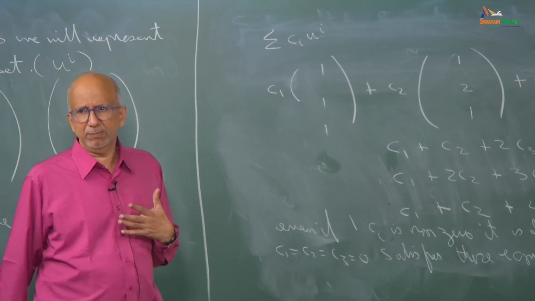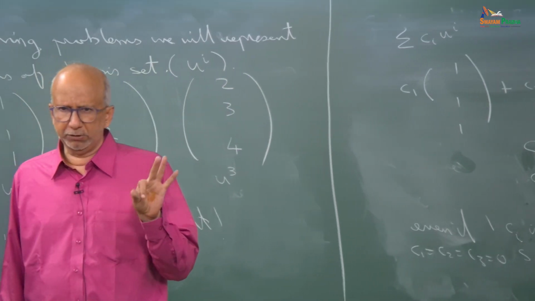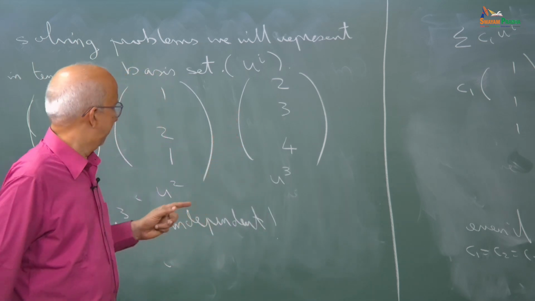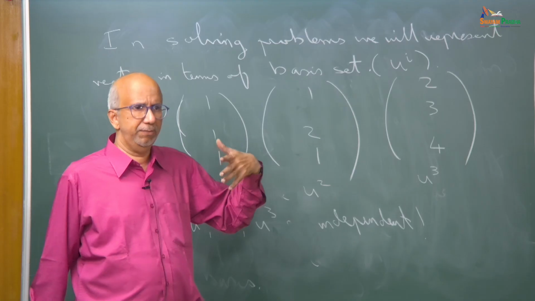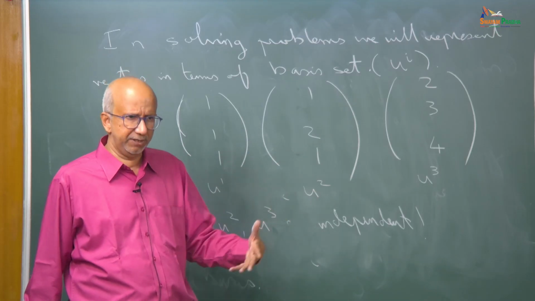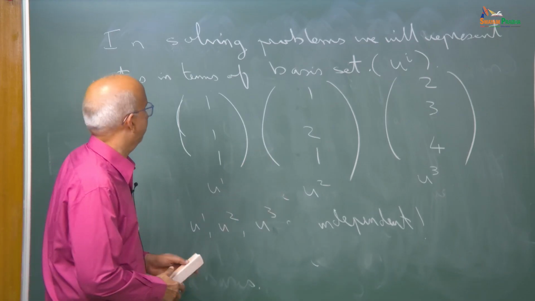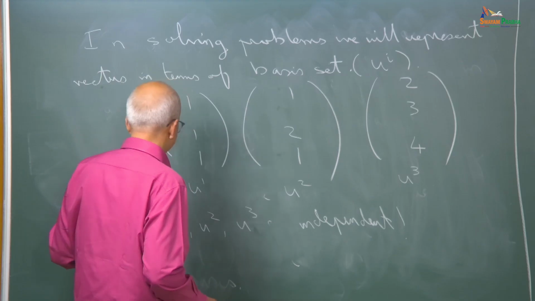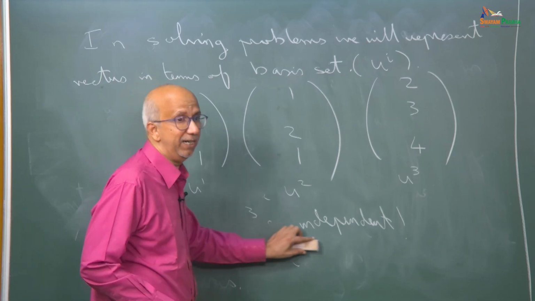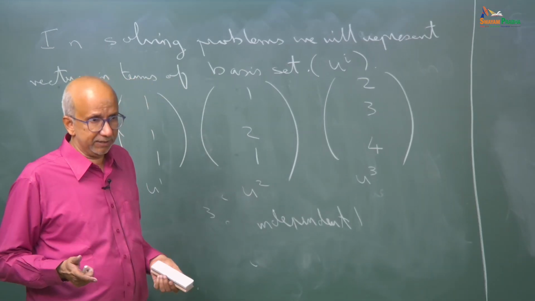So, what have I established? That these are independent and there are three vectors, and these are 3 elements, therefore, these can be used as a basis for R3. I can take any vector and I can write it. Basically I am saying these 3 vectors can be used as a basis because they are independent. If I give you 3 vectors, can I use it as a basis?